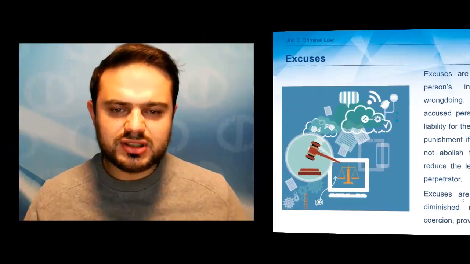Even though excuses do not abolish the existence of the offense, they reduce the level of or remove the liability of the perpetrator. Excuses are: necessity, mistake, insanity and diminished responsibility, infancy, intoxication, coercion, provocation.